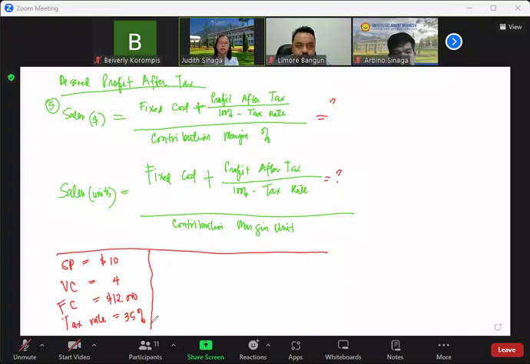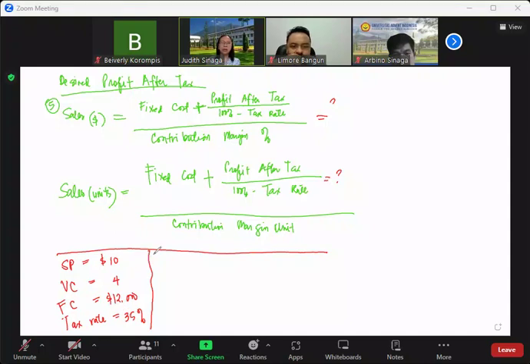Berapa sales-nya in dollars? Kalau profit after tax-nya, wait ya, belum ada given untuk profit after tax ya. Tetap kita pakai misalnya kita ya kurang given ini di sini.